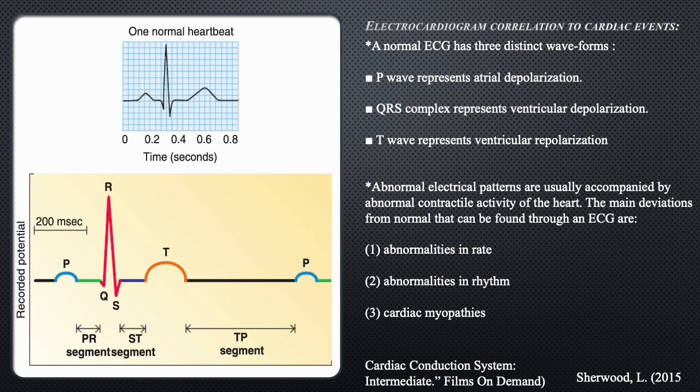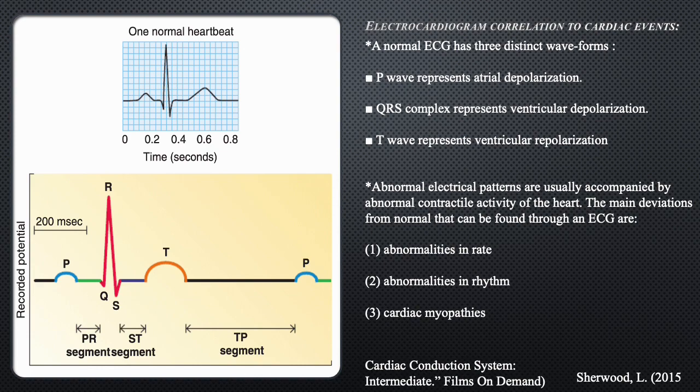The electrical activity associated with atrial repolarization normally takes place simultaneously with ventricular depolarization and is masked by the QRS complex. The P wave is smaller than the QRS complex because the atria have a smaller muscle mass than the ventricles and consequently generate less electrical activity.